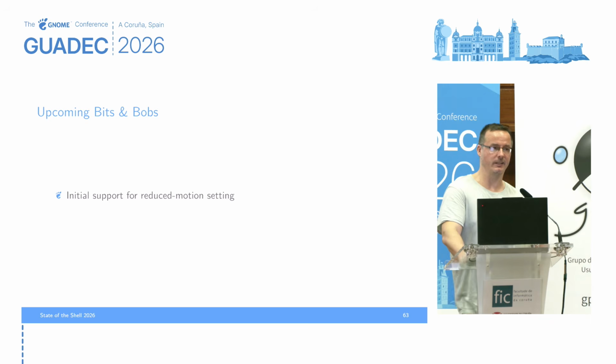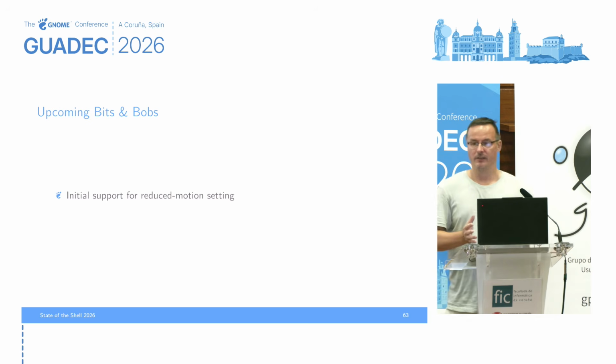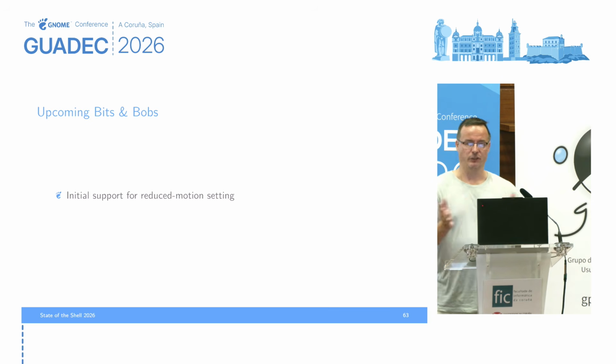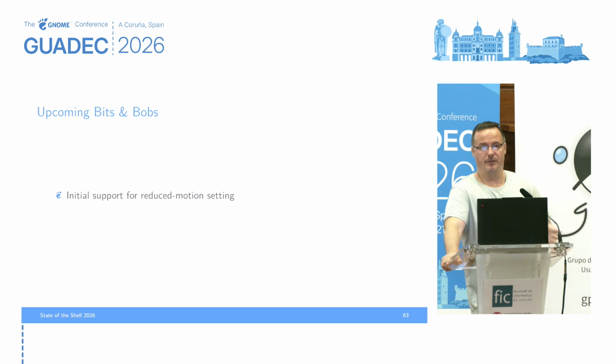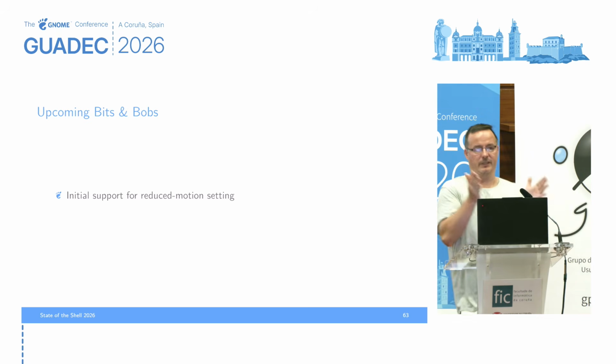The usual guidance is, instead of an animation, use a crossfade. But that doesn't work for things like the overview, where we aren't changing between different components, but we have 3 or 4 different states, and we don't have anything to crossfade between. We just have, oh, it's now in this state, it's now in this state. So we will need some design guidance to improve this support in the future.